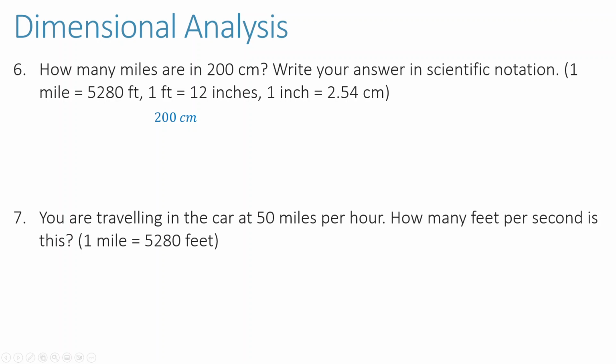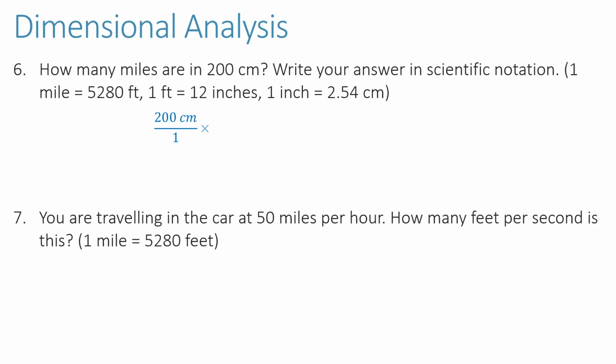So, number 6, we want to figure out how many miles are in 200 centimeters. So I'm going to start with my given, and that's the 200 centimeters over 1. Now looking at my conversion factor here, I don't know how many centimeters are in a mile, but I do know that 1 inch is 2.54 centimeters. I know that there's 12 inches in a foot, and I know that there's 5,280 feet in a mile.